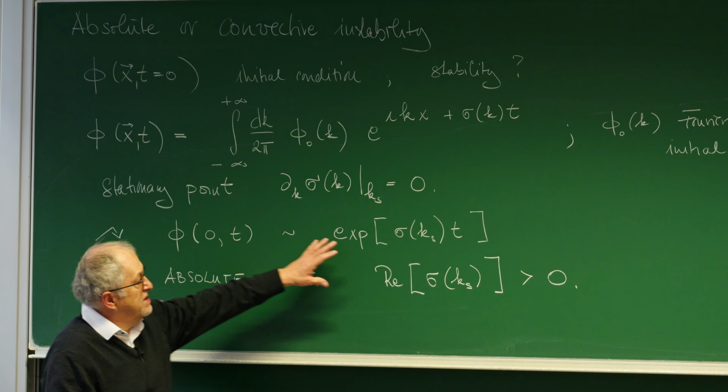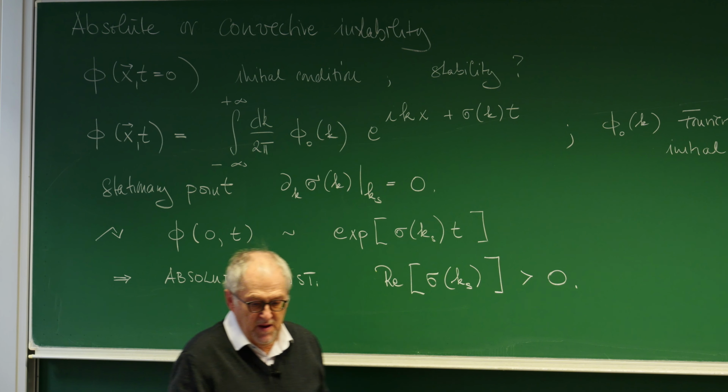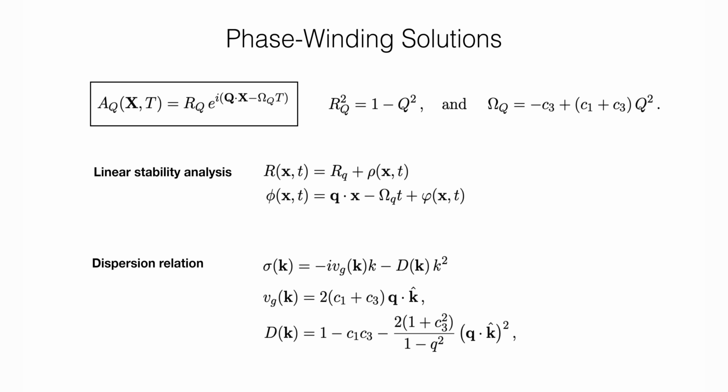And you would need to do this for the particular case that we studied, namely for the dispersion relations that we have been calculating. So here, that's the dispersion relation that we found, and you need to do the algebra to figure out whether you have an absolute instability or not.